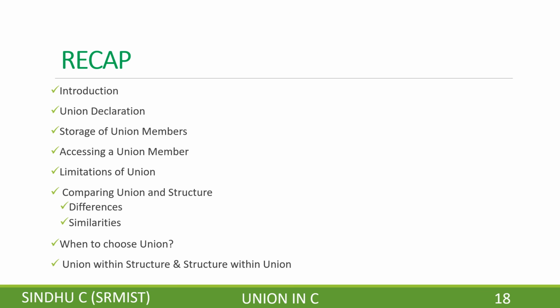So far in this video lecture, we have seen the relationship between a simple variable, an array variable, a structure variable, and a union variable. Then how to declare a union, the storage status of union members, how to access a union member, the various limitations of using union, then the comparison between union and structure, its differences and similarities, then when to use union, when not to use union, and how to use union within structure and structure within union.